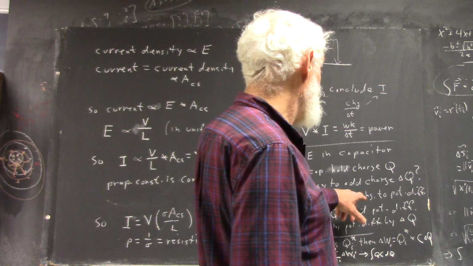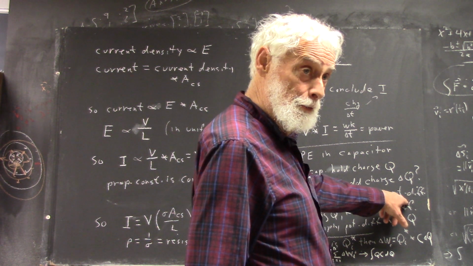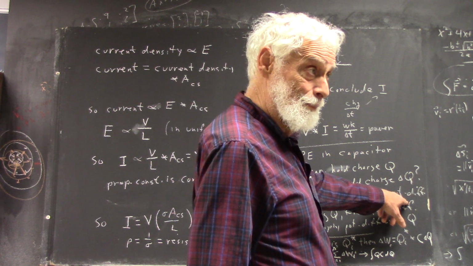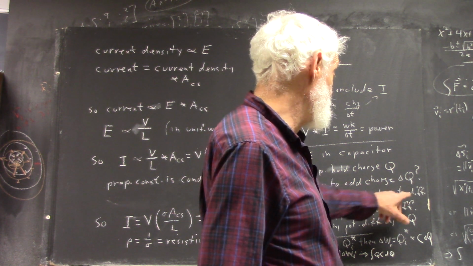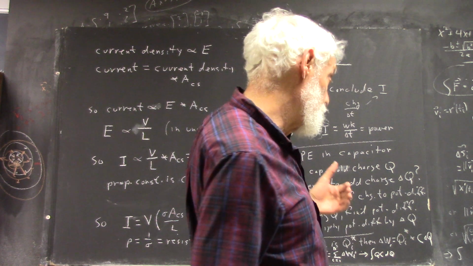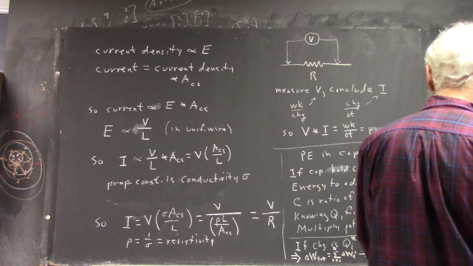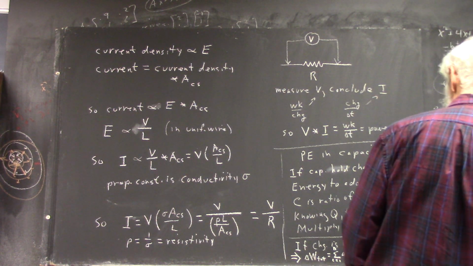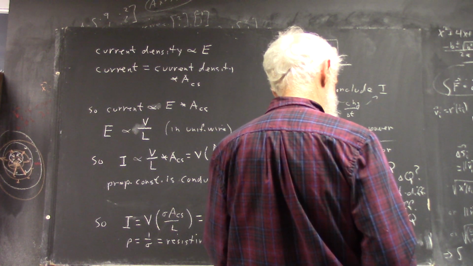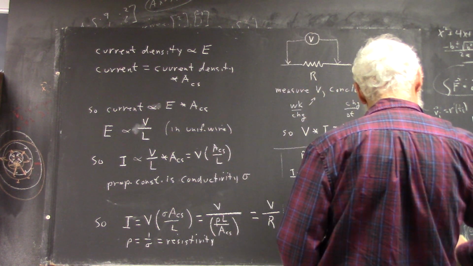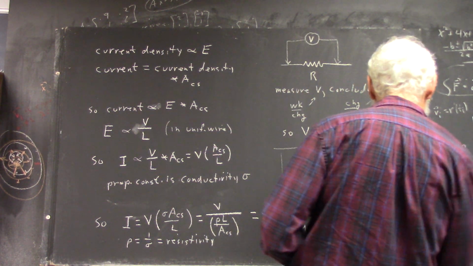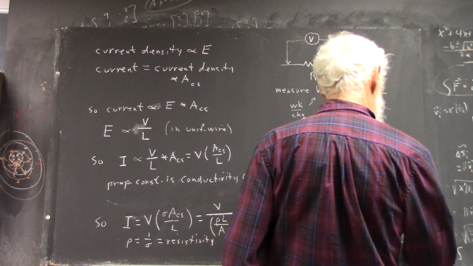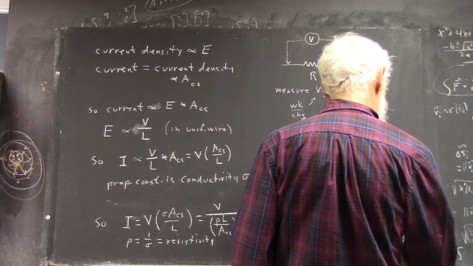This is a ratio of charge to potential difference. It follows the potential difference is Q divided by C, not Q times C. Fortunately, this is the only place I did that. Got to learn not to be careless, but I think it's hopeless.